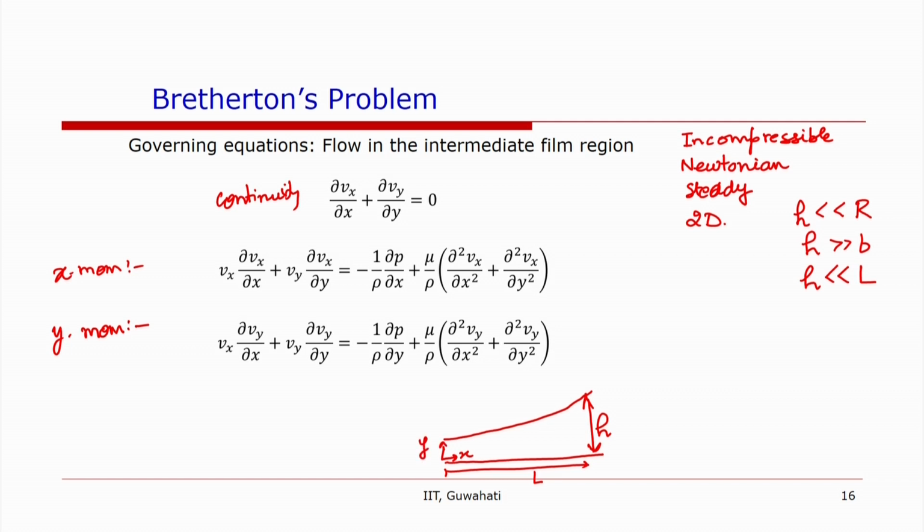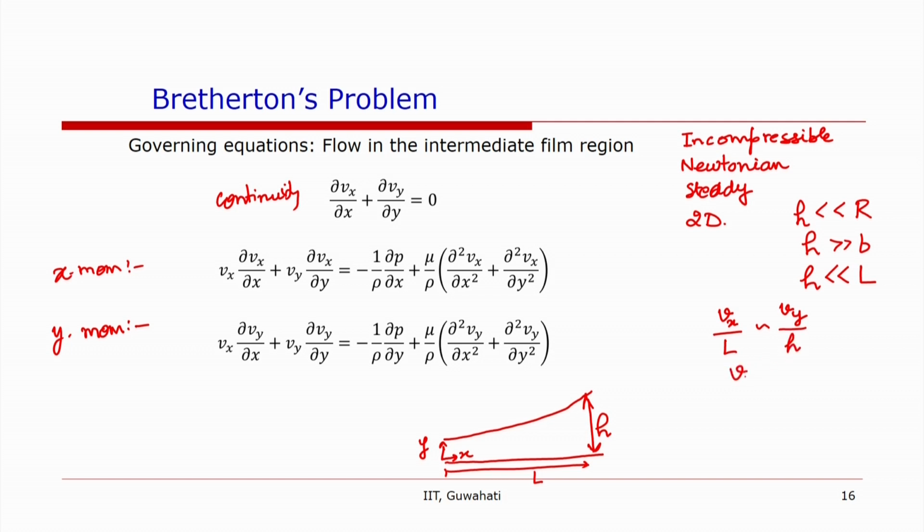Now if we look at the continuity equation and do an order of magnitude analysis, the Vx over x, which is L, will be comparable with Vy over h.